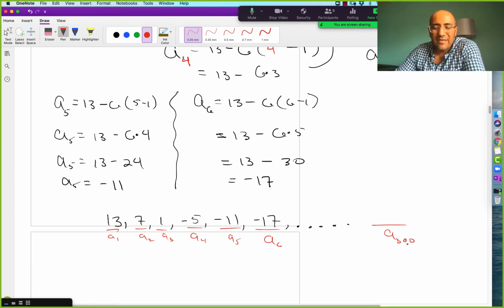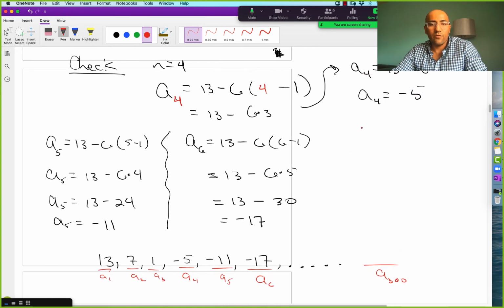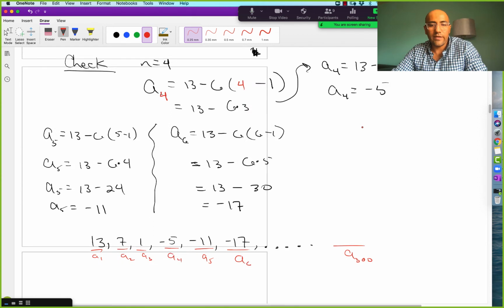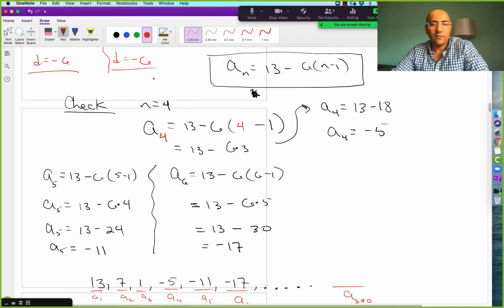But then to get to 300, that would take forever, especially if you don't have technology, to subtract 6 every time all the way until you get to 300. So that's not a very efficient way to do it. Luckily, we do have this formula, right? So using the formula, we can just plug it right in and get our answer fairly easily from there.